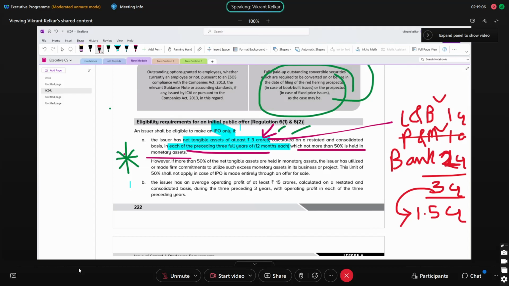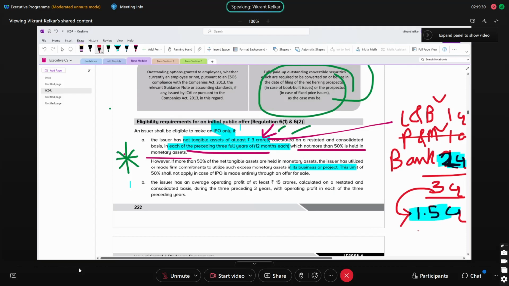Second, now the second case is, however, if more than 50% of net eligible assets are held in monetary asset, the issuer has utilized or made commitment for what? Utilizing excess monetary assets for its business and project. Means what? Now, though you are having 2 crore rupees as bank balance, how much maximum you can have? 1.5 crore.